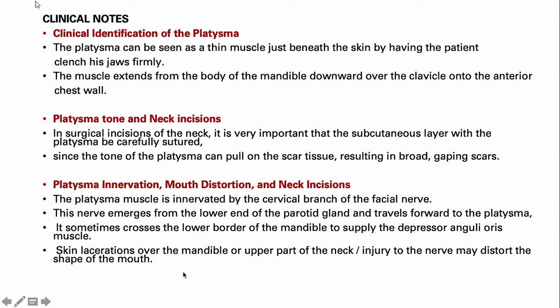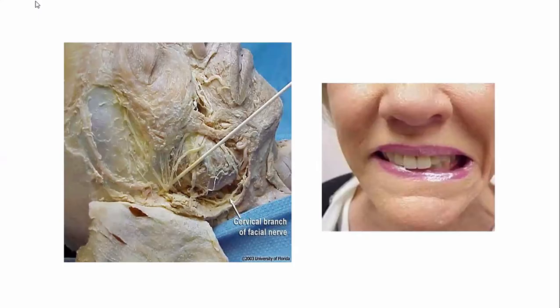Skin lacerations over the mandible or upper part of the neck, as well as injury to the nerve, may distort the shape of the mouth. So this is the cervical branch of the facial nerve innervating the platysma muscle, as well as the angle of the mouth. Paralysis or injury to this nerve may result in this type of deformity.